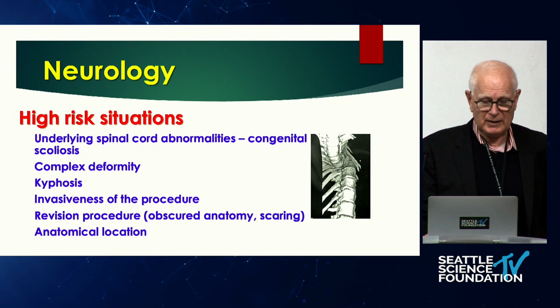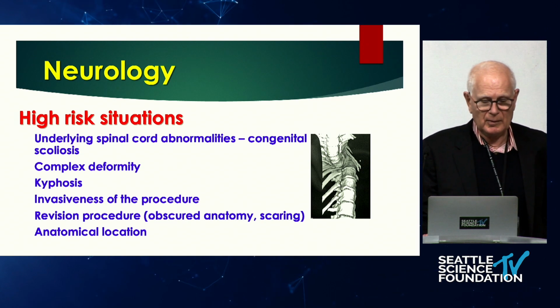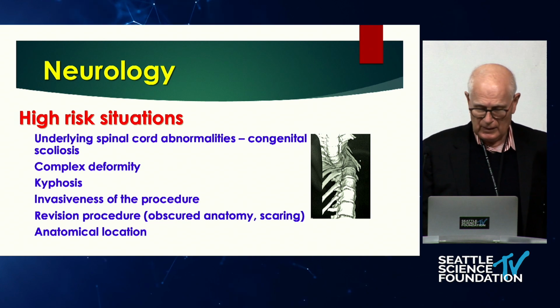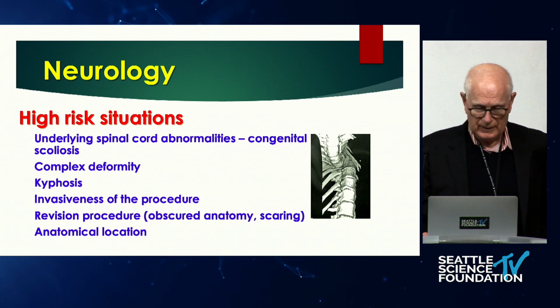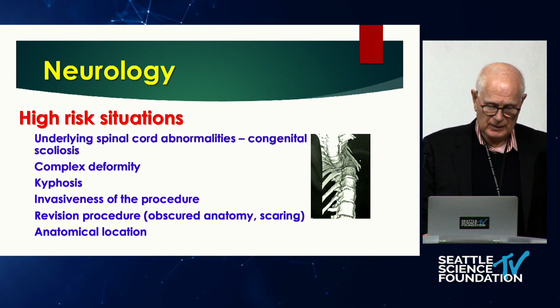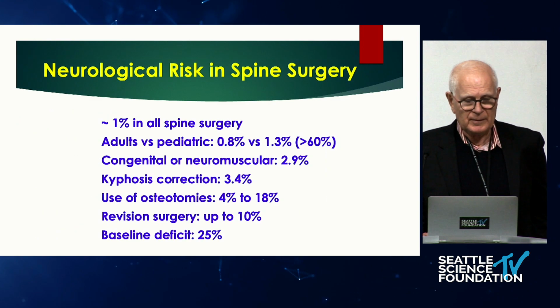We have complex deformities, like an NF kid, pictured on the slide. Kyphosis has a high incidence of problems. And of course, the more invasive, radical procedures can increase the chances of neurological deficit. And clearly, the thoracic location is worse than the lumbar or thoracolumbar.